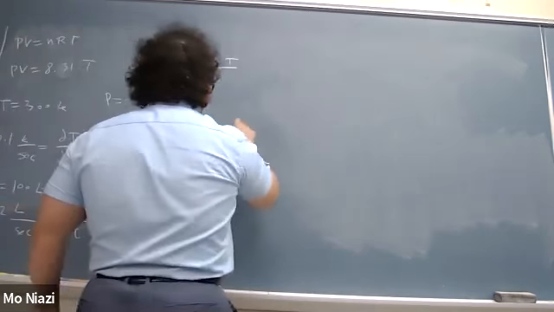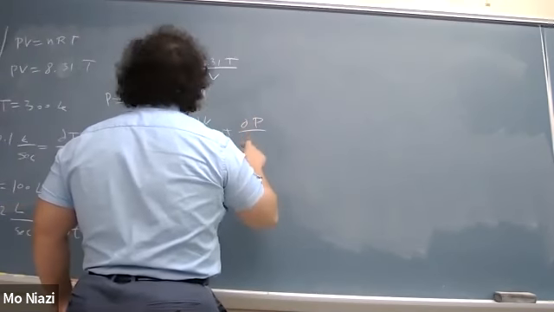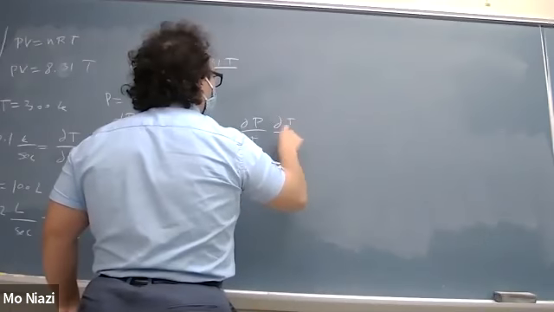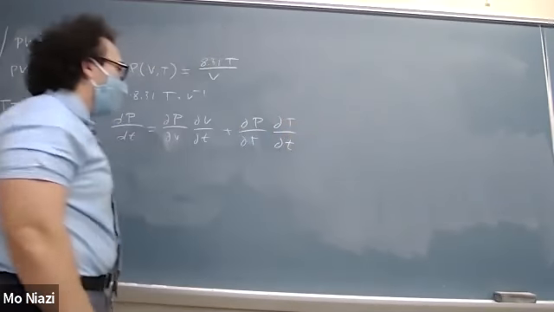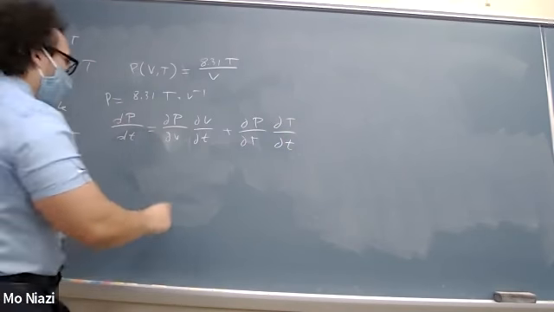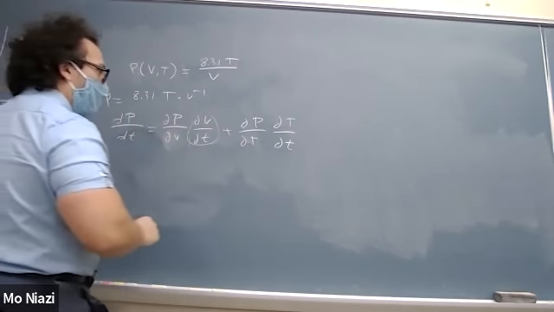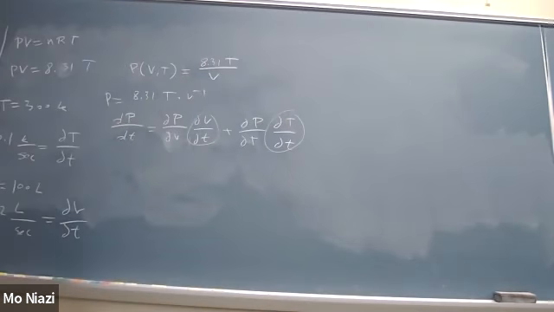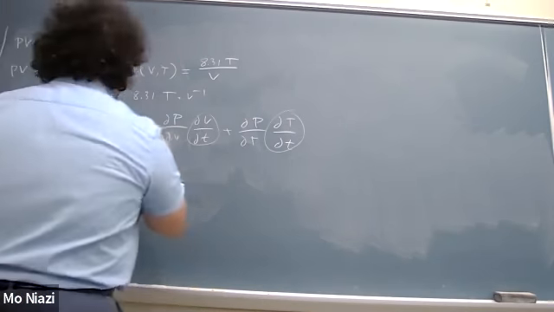And then you're going to get your partial P, partial your other variable T, times partial T, partial your little t. Recall, we have the numerical values for this term. It's a number. And we have the numerical values for this term. It is a number. All we have to do now is calculate that partial P, partial V, and that partial P, partial capital T. Let's do it.